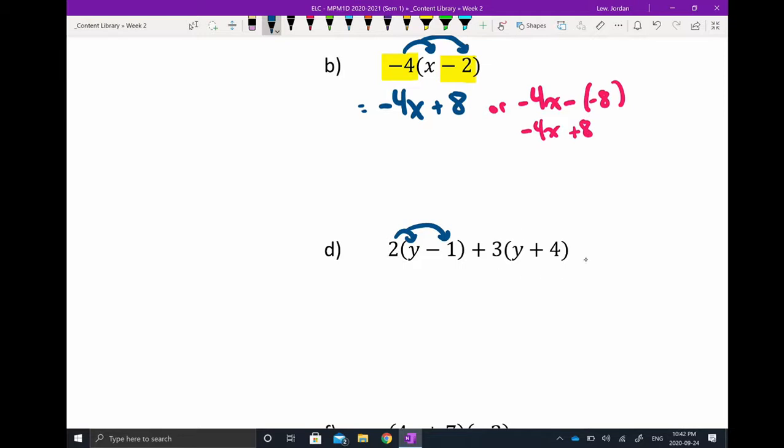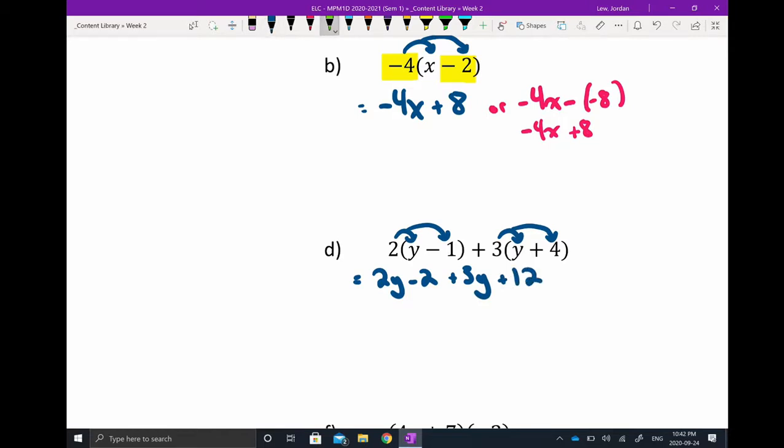It's not going to deal with the second bracket because it's not attached to it. The 3, on the other hand, will multiply into this second bracket. So when I go through, 2 times y is 2y, 2 times negative 1 is negative 2, and then plus 3 times y, which is 3y, and 3 times 4, which is 12.